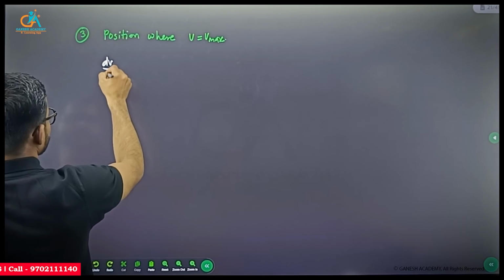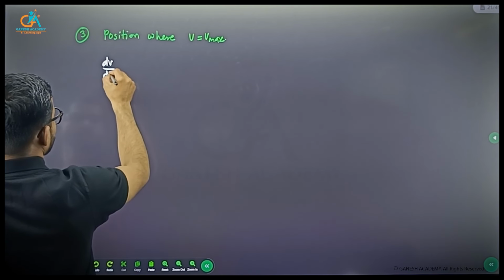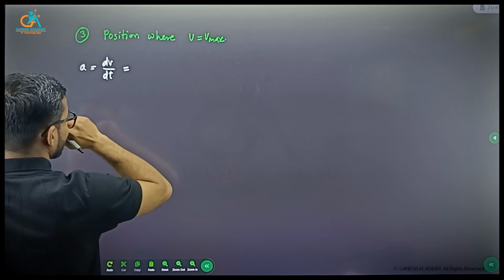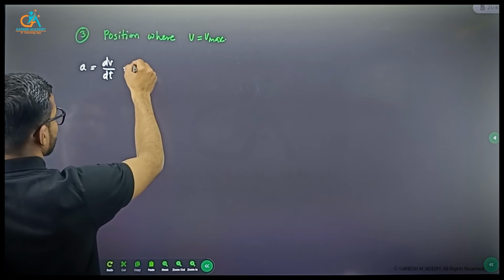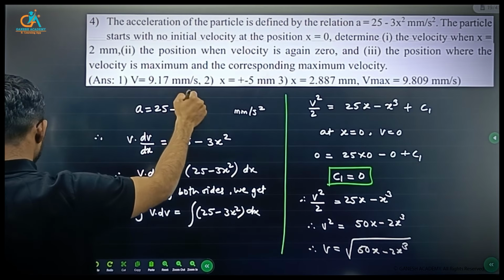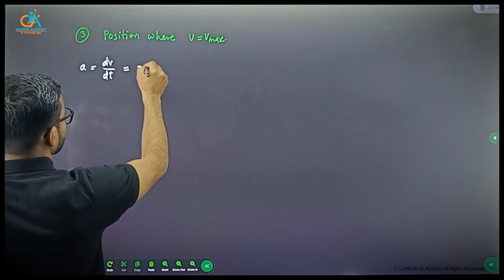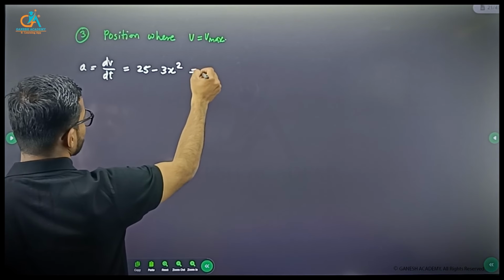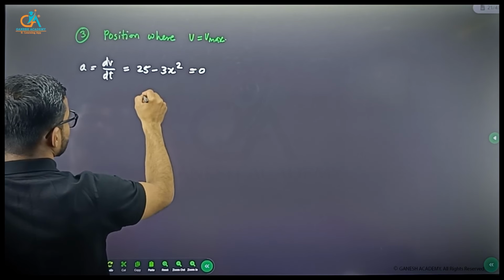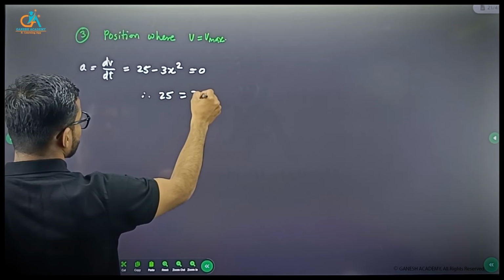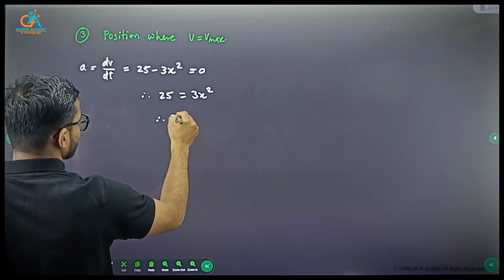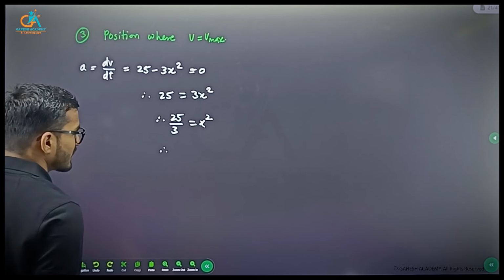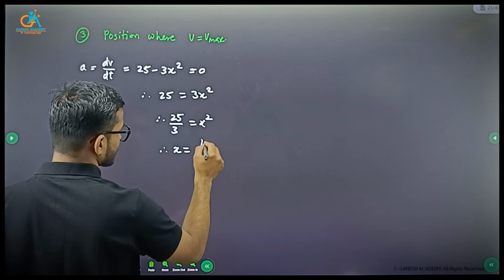That means where derivative is 0. That means where the acceleration is 0, the velocity is maximum, at the particular point where acceleration is given 25 minus 3x square. So 25 minus 3x square is equal to 0. So therefore 25 is equal to 3x square. That means 25 divided by 3 is equal to x square. And that means x is equal to what?